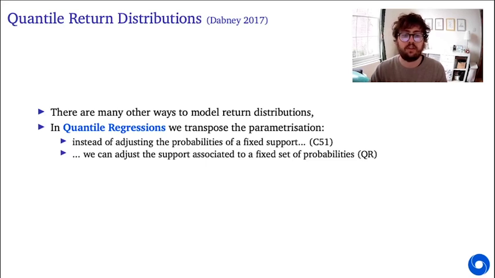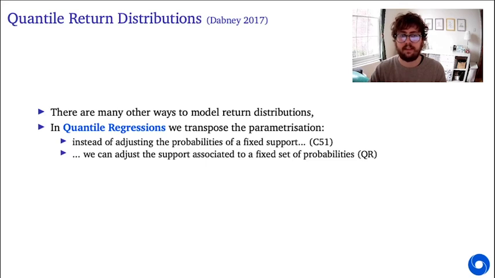So for instance, just recently, quantile regression was proposed as a way to transpose the parameterization from categorical DQN, so that instead of adjusting the probabilities of fixed supports, we instead adjust the support associated to a fixed set of probabilities. This often provides better results because the support can now move around to approximate the distribution as well as possible, and is not constrained to a fixed range that is arbitrarily defined at the beginning.